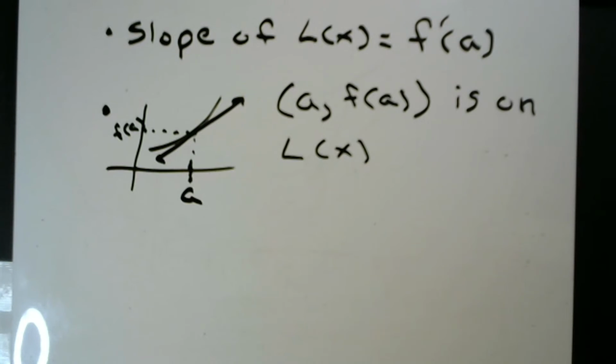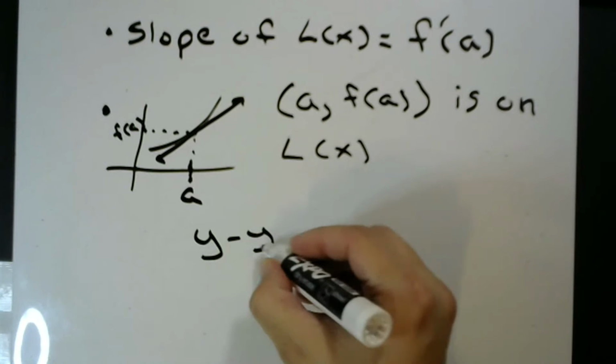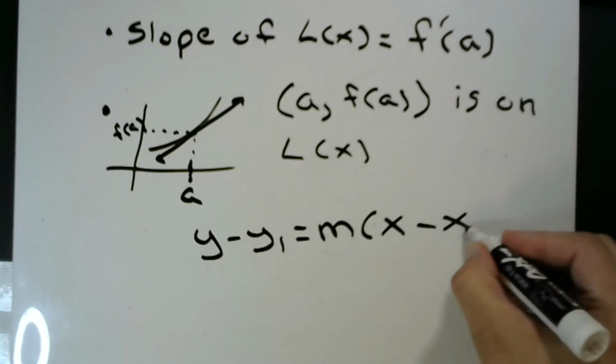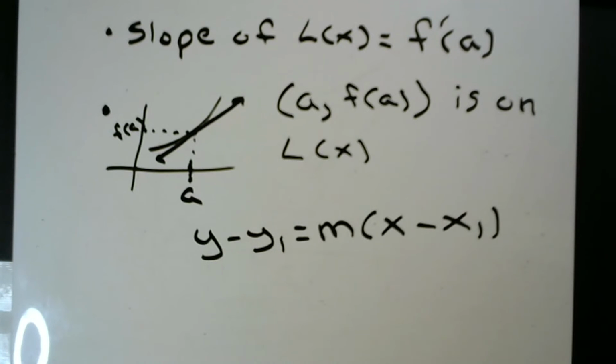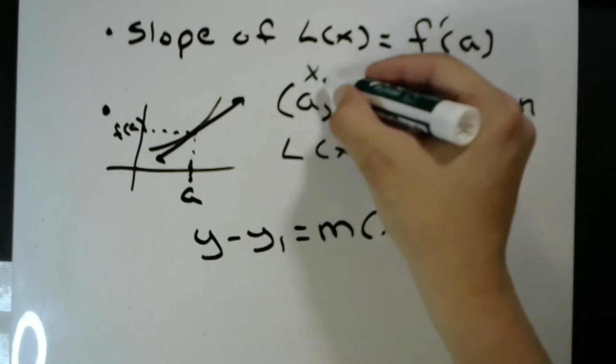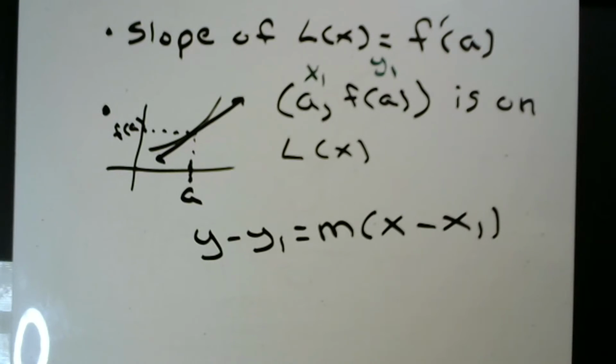So to derive L of x, we're going to use our point slope formula, where in this case this is x1 and this is y1.